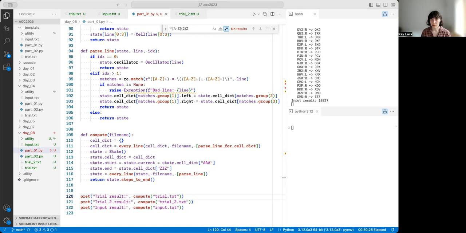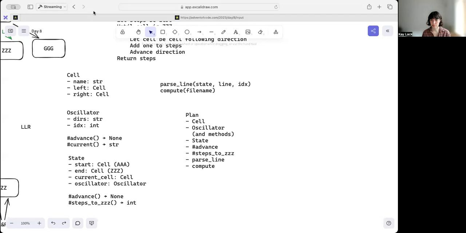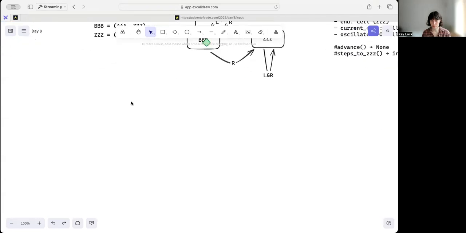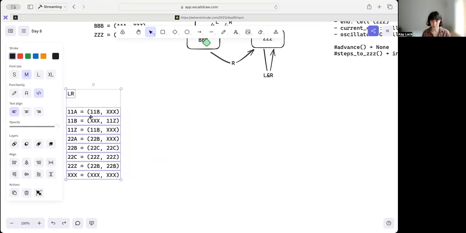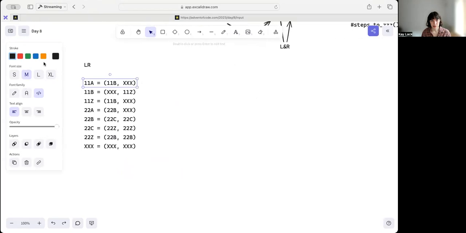Okay, let's have a bit of a diagram about this. So, and these are the A's, and these are the Z's.